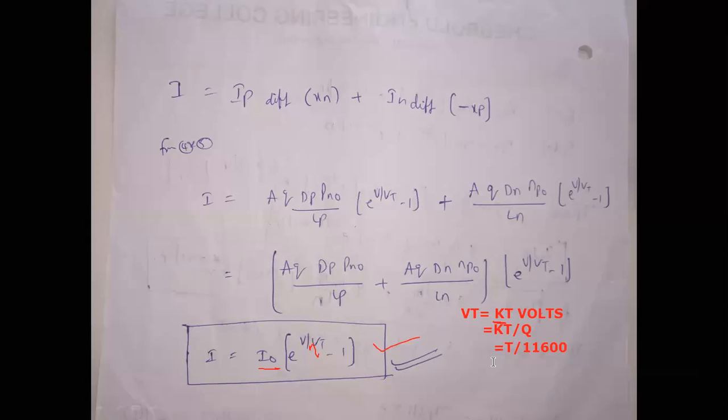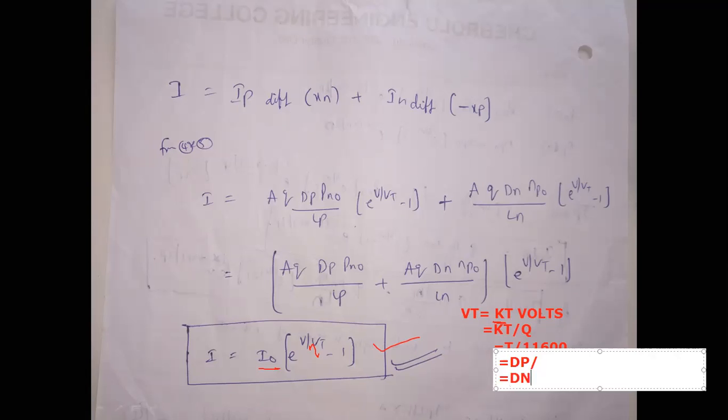It is also equal to Dp by mu p, and also equal to Dn by mu n, where Dp is the diffusion constant of holes.